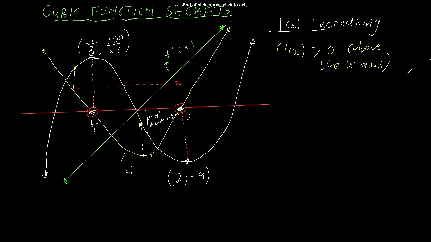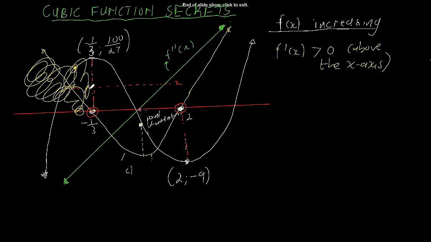Now I want you to look at all the points where we see our yellow graph being above the x-axis. What is it that you spot with the cubic function? You can see that the cubic function at that particular time is increasing, right?